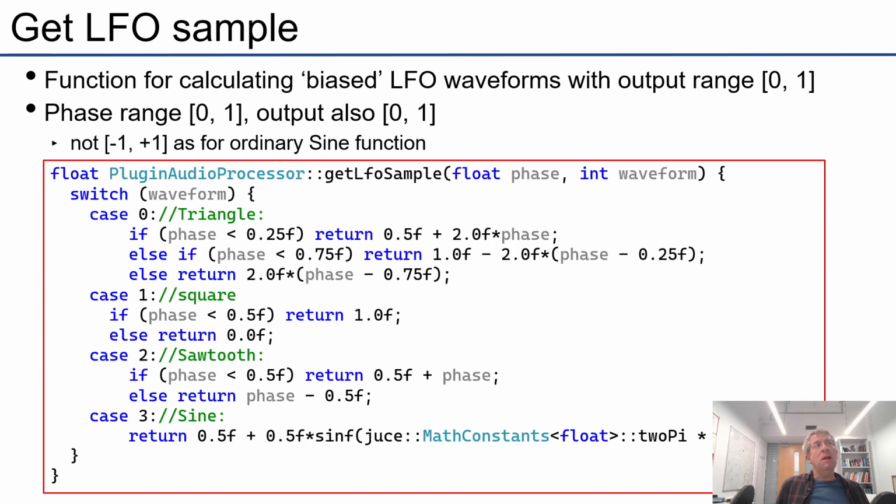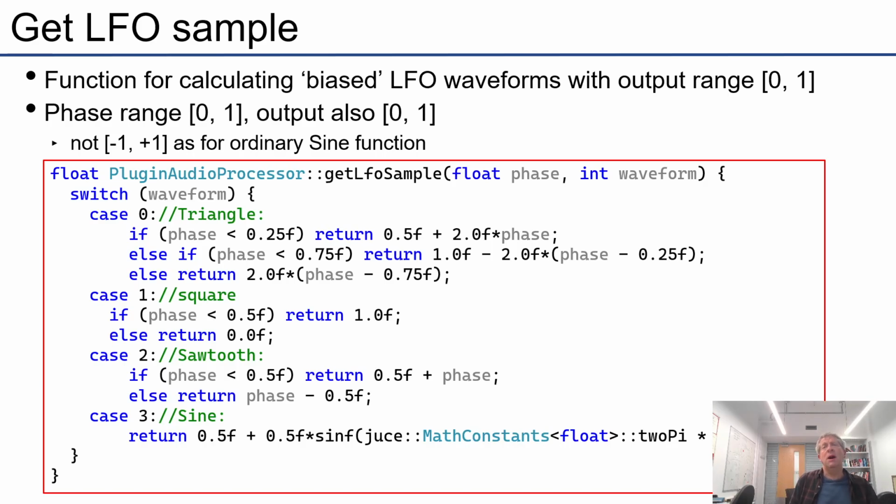When we looked at MIDI and a monophonic synthesizer, what makes it similar is that you just keep track of phase and increment phase wherever you need to. So we have a function getLFOSample, which is used to calculate biased LFO waveforms with output range 0 to 1. So the phase range can be 0 to 1, and the output is also 0 to 1.